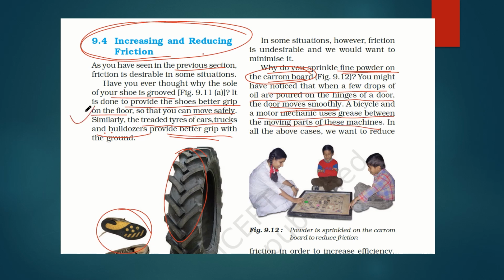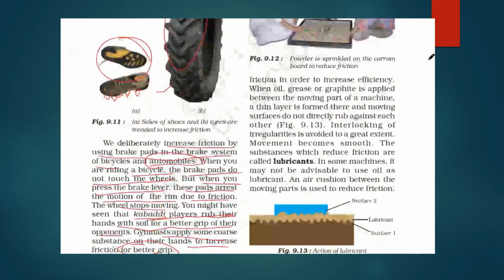So these are the ways to increase friction and these are the ways to reduce friction, right? So when oil and grease and graphite are applied between the moving parts of a machine, a thin layer is formed there and the moving surfaces do not directly rub against each other.